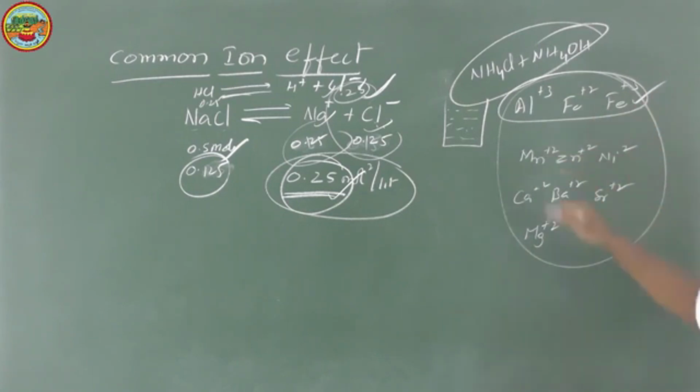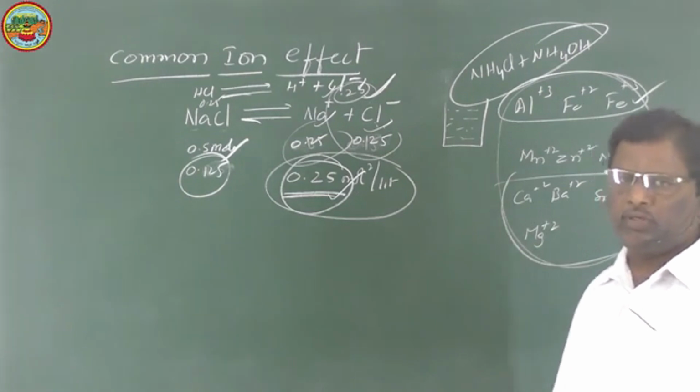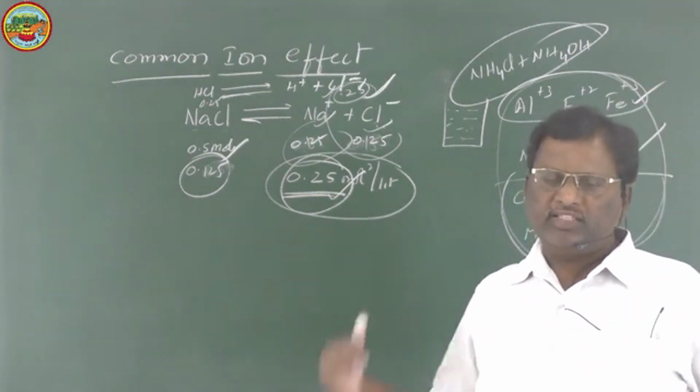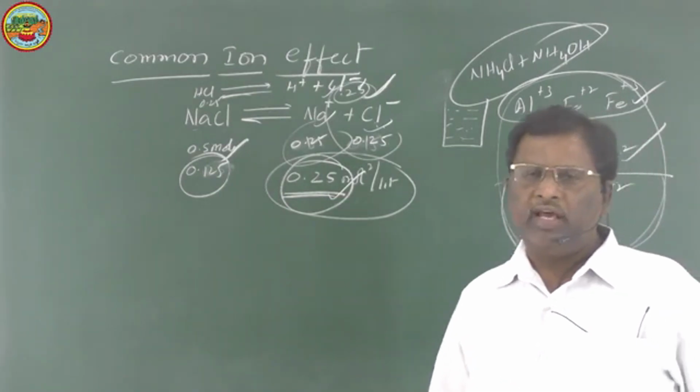Then we pass H2S so that the next ions are precipitated out. Then we change this with carbonates, and these ions can be separated out in the form of carbonates. So the group separation table is prepared based on the principle of common ion effect.